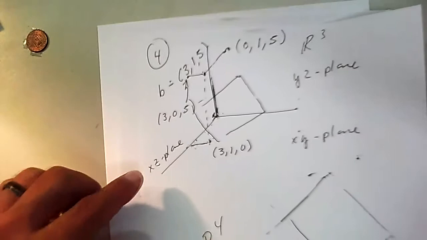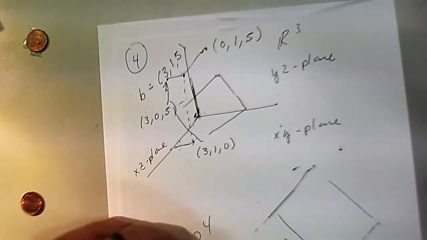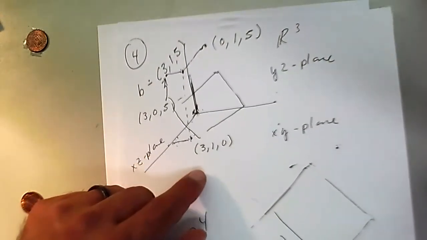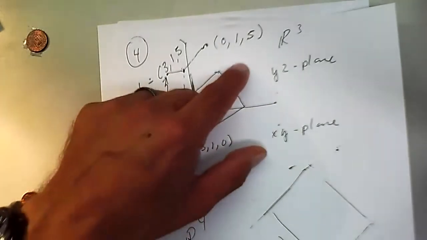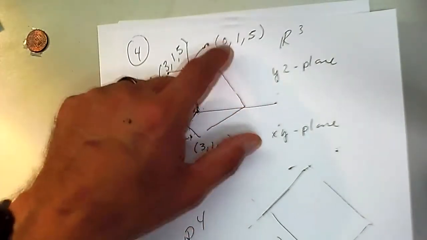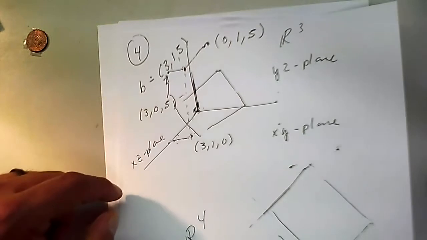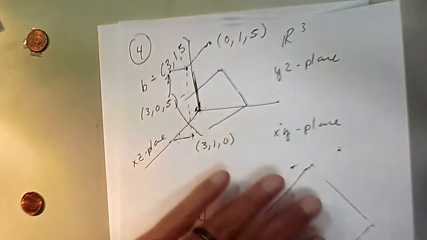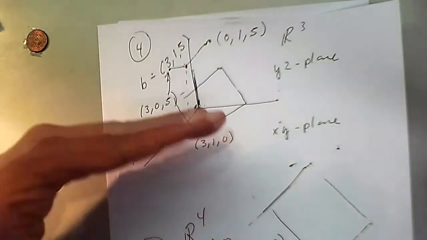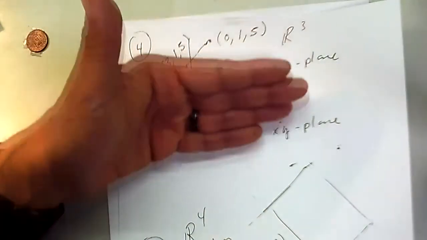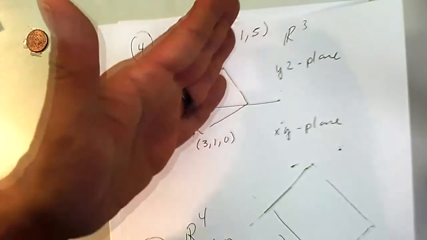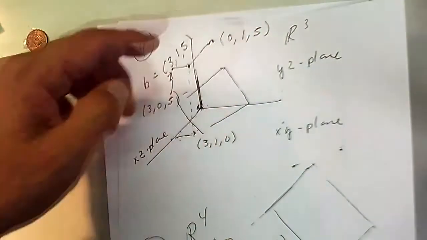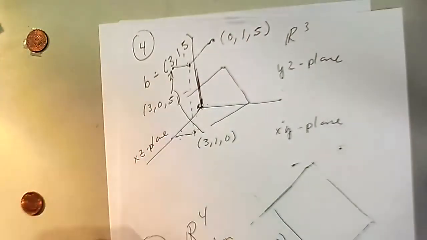So, let me just recap a little bit here. Projecting onto the XY plane, the YZ plane, the XZ plane, the standard planes, is no problem. Projecting onto something that is not horizontal or vertical, and even projecting onto a vertical plane that is not those two, I don't think is trivial.